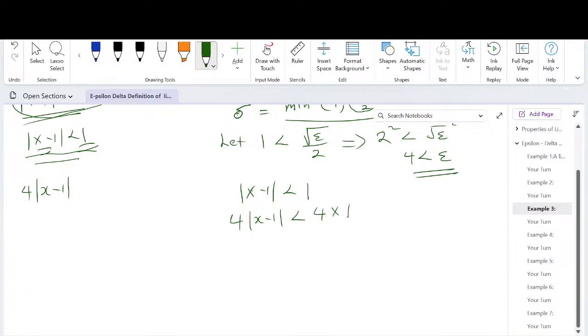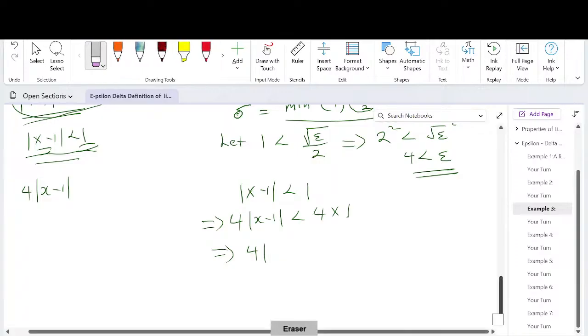So it implies that 4 times the absolute value of x minus 1 is less than 4.